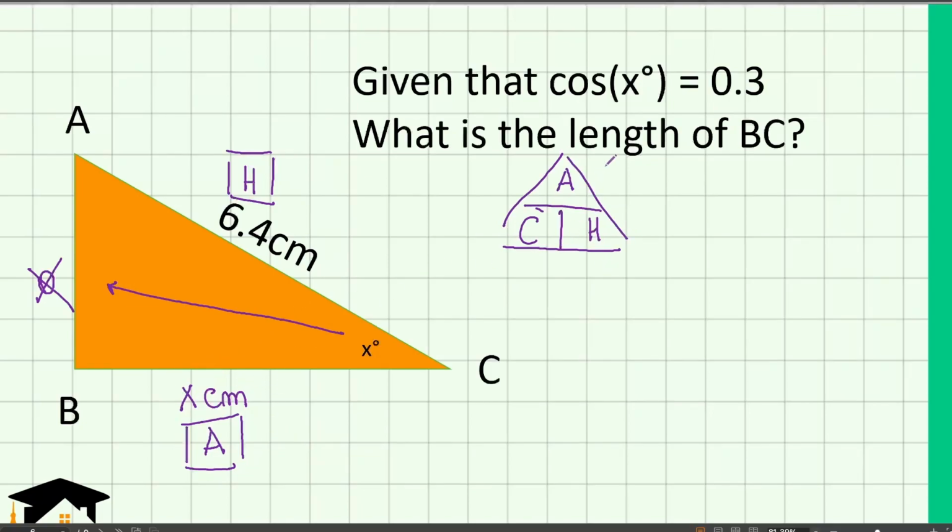If x is the adjacent, we cross it out, and this tells us that we have to do cosine of x multiplied by the hypotenuse.